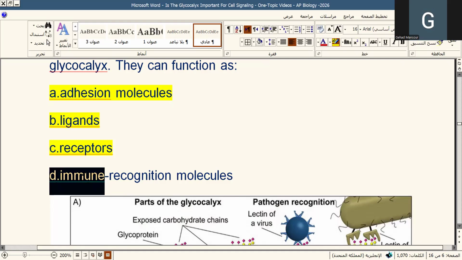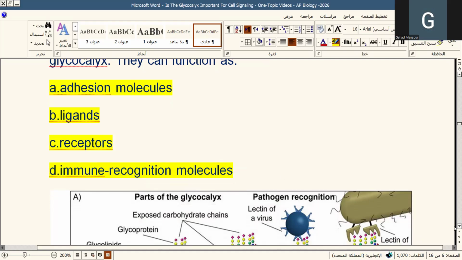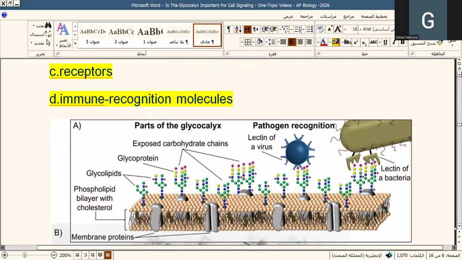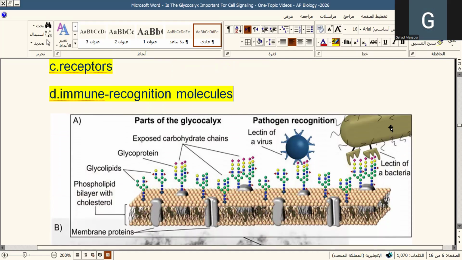In addition to this, they are also used as immune recognition molecules because, as you can see, if this is a pathogen, like a virus, for example, or a bacteria, they have lectins, or sugar components, on top of their cell membrane. So here, this is a lectin of a virus.